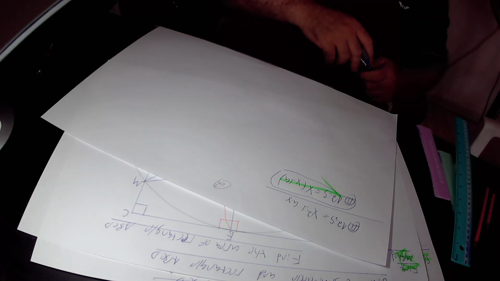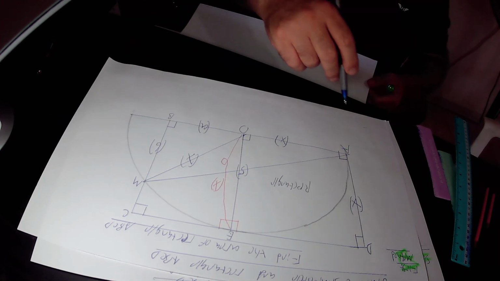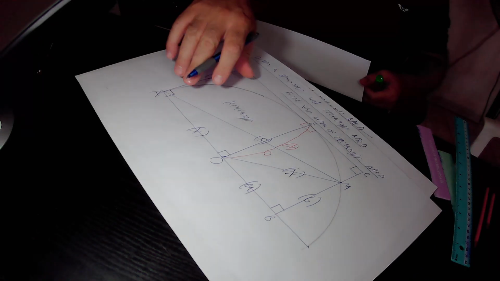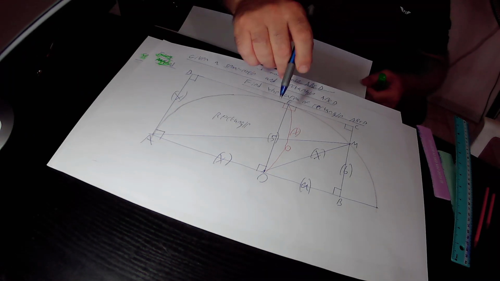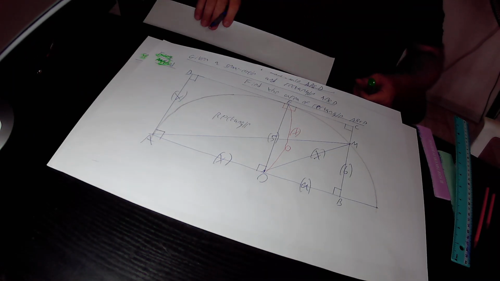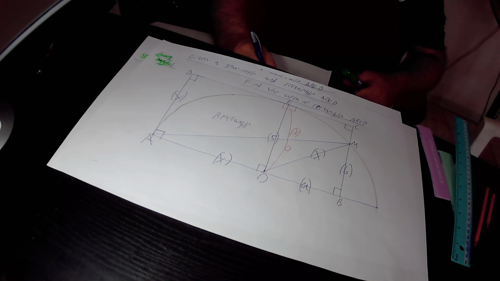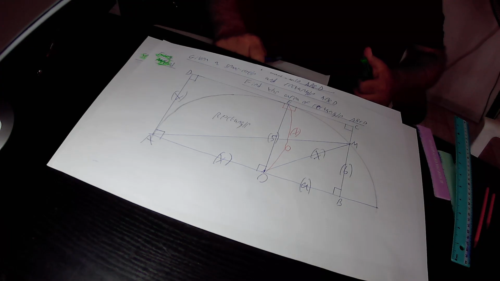Our mission is to find out the area of this rectangle ABCD. So what is the area of rectangle ABCD? The area of any rectangle equals the length of the rectangle times the width.